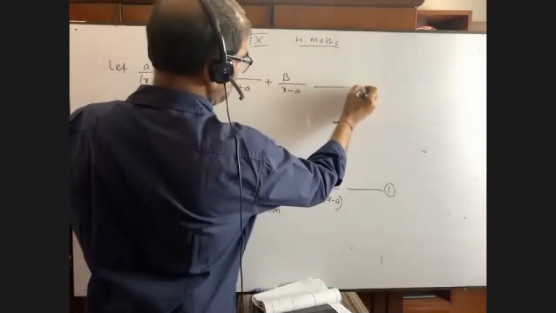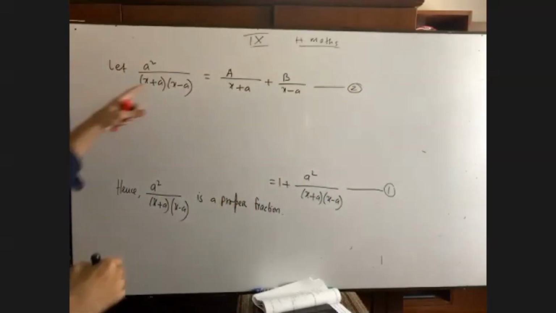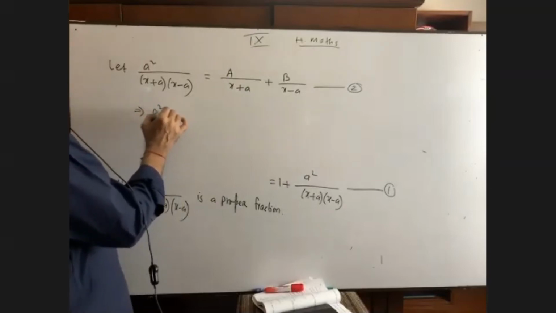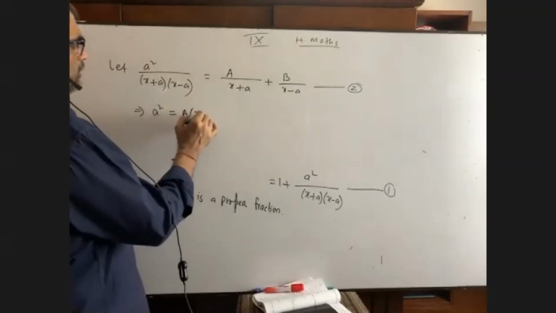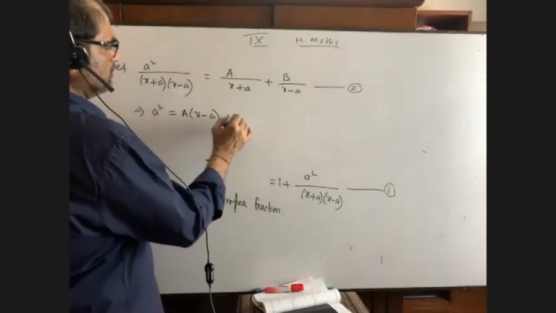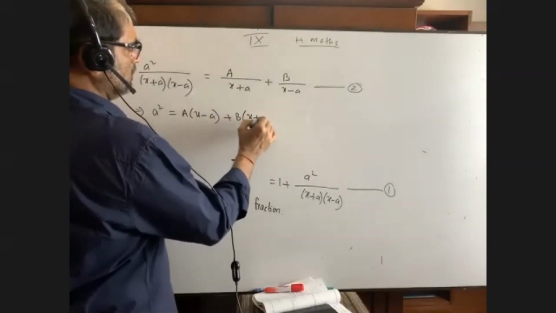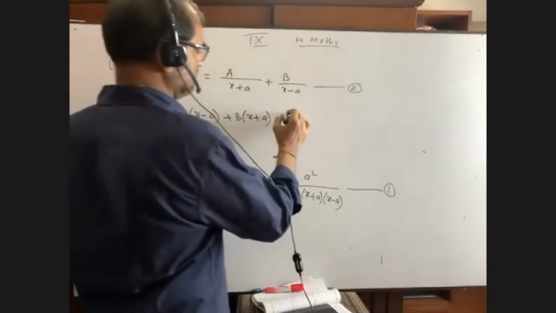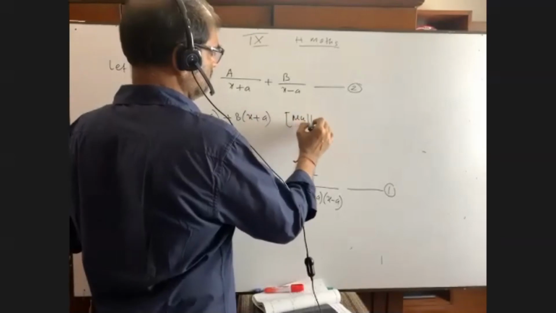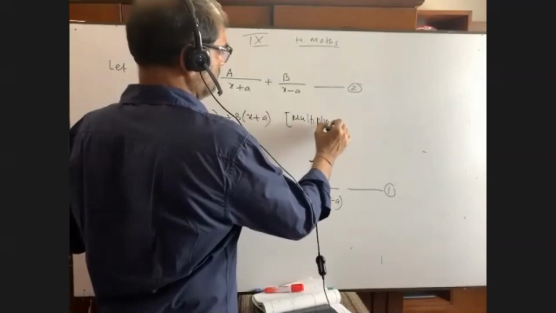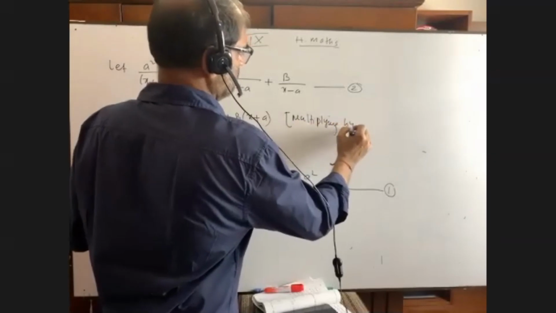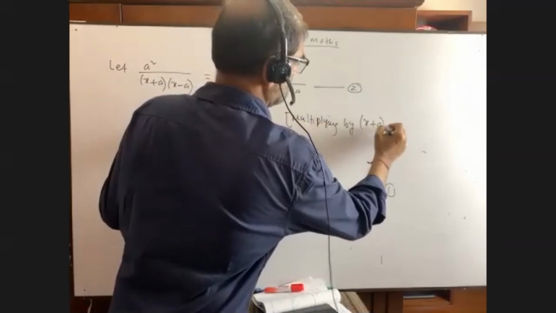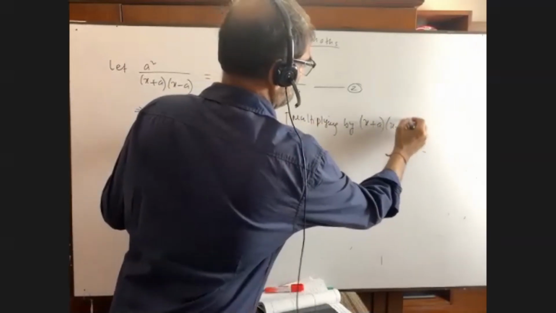I think you have got me right. What is to do now? Now please do it. It can be written a square equals a into x minus a plus b into x plus a. Actually, what we have done is multiply by x plus a, x minus a.